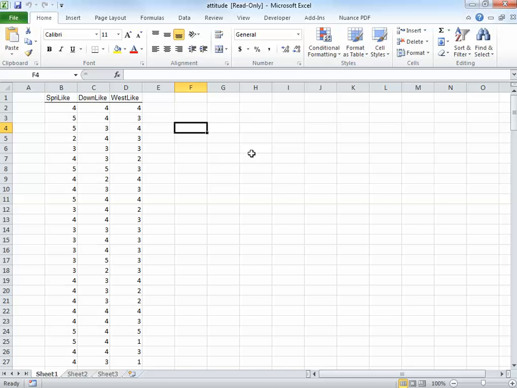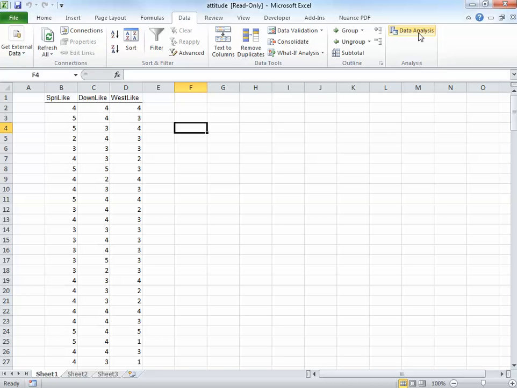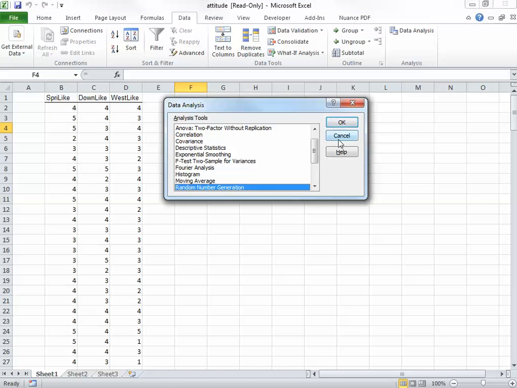We want to estimate the population mean, and so we can calculate the standard deviation, we can calculate the average in our sample and calculate a confidence interval, but Excel has a tool already built in. Once again, we go to our data analysis, and we're going to use descriptive statistics.